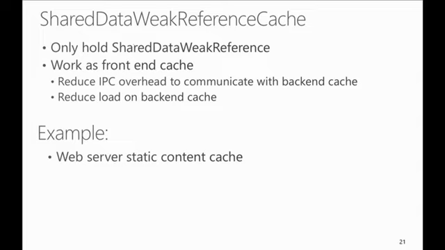So like I said, the front-end cache can reduce IPC traffic. It can reduce load on the backend cache process. And the web server is one of the examples where we use the front-end cache to do this dance. So I have been talking about all the mechanisms available in the system.